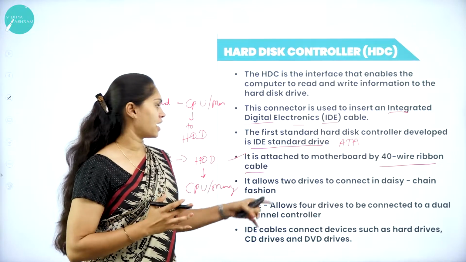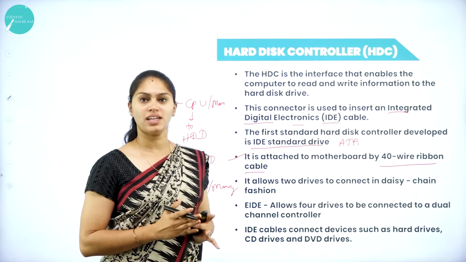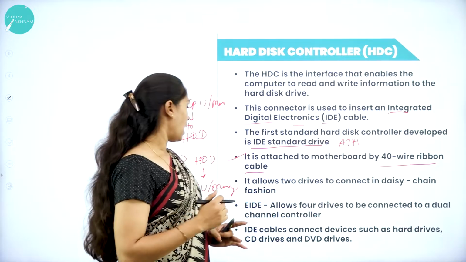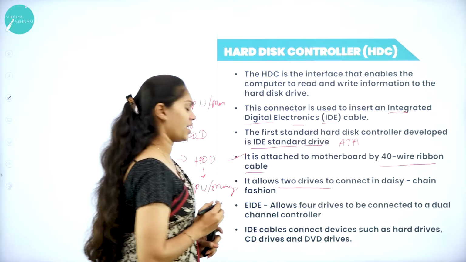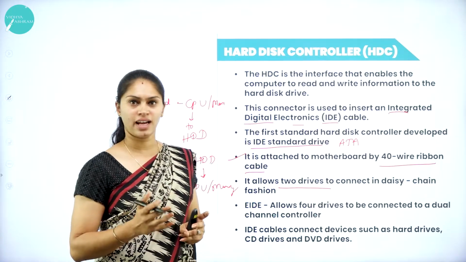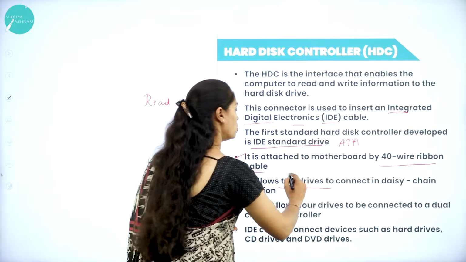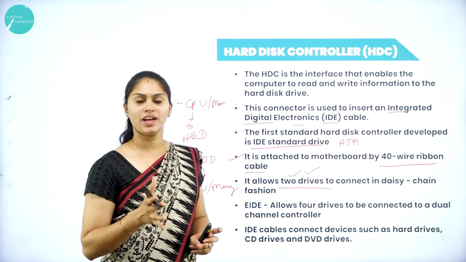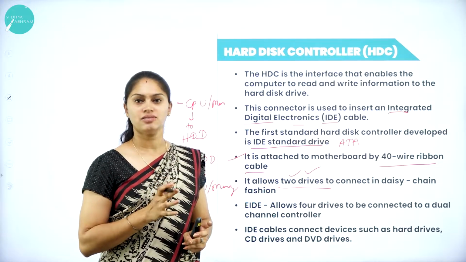So this hard disk controller is attached to the motherboard with the help of this 40 wire ribbon cable, and it allows two drives to connect in a daisy chain fashion. So we can connect two drives in a daisy chain fashion.